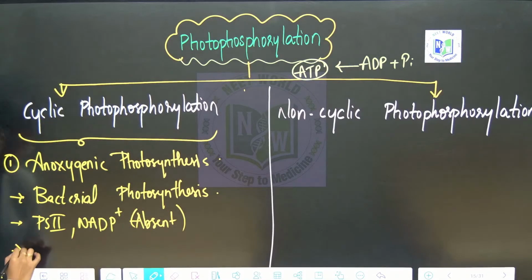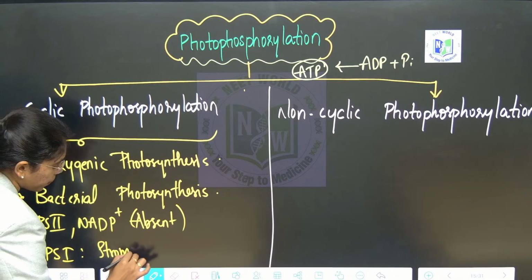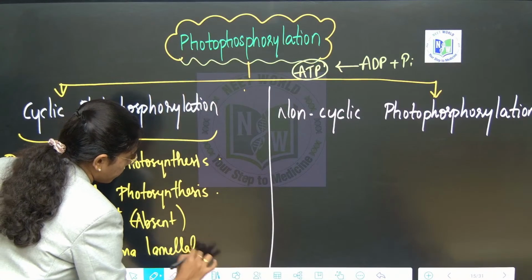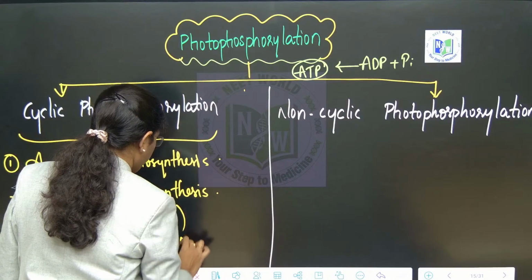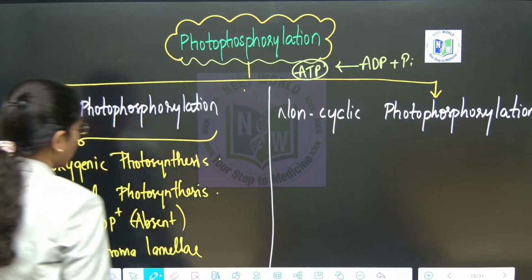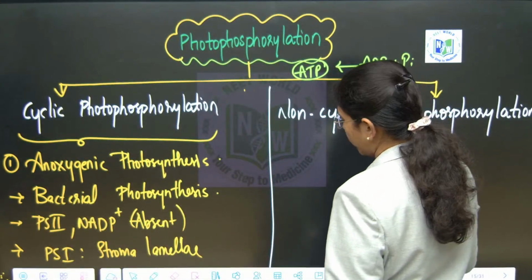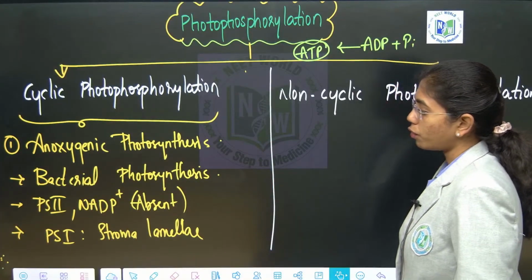There is only photosystem 1 present, and that too in stroma lamellae. Clear? This is about cyclic photophosphorylation.